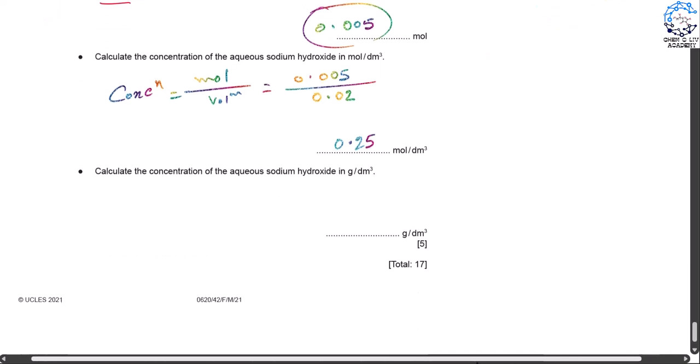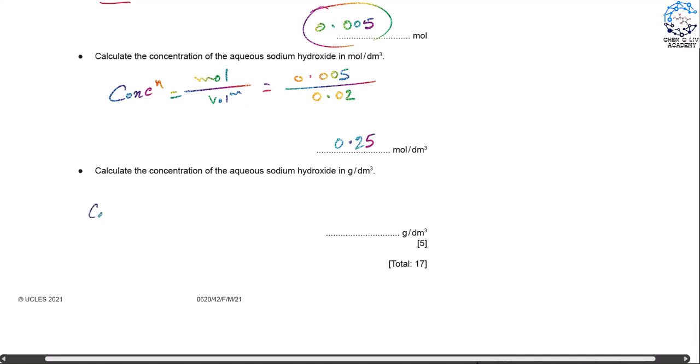Now calculate the concentration of the aqueous solution of sodium hydroxide in gram per decimeter cube. It's a beautiful question. So our concentration here is in mole per decimeter cube, right? So 0.25 mole per decimeter cube. Now the question is saying gram per decimeter cube.